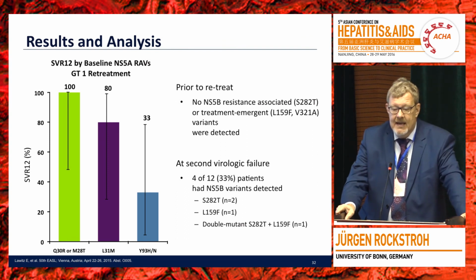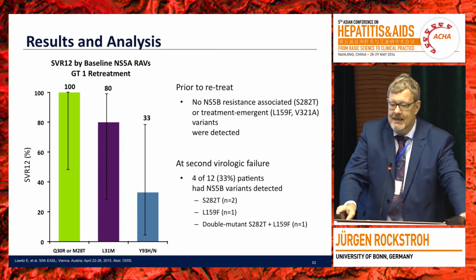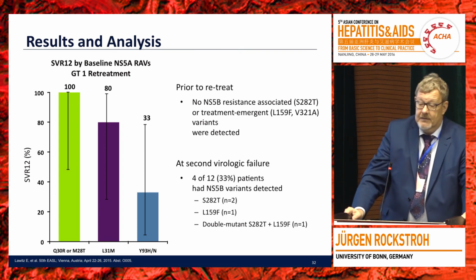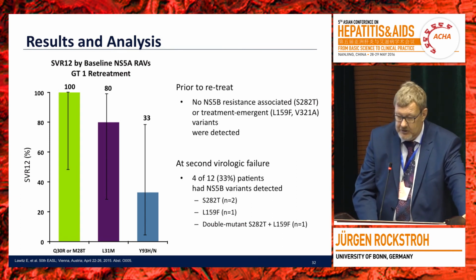And interestingly, they could show very nicely that depending on which mutation you had, you were more or less likely to achieve SVR. If you had the Y93H, then that was really your worst scenario, and only a third of patients responded. If you had the Q30R and the M28T, then actually everyone responded. Note, though, that a combination of RASs was also unfavorable in that particular setting. Note also that at second virological failure, some of the patients actually did develop sofosbuvir-related mutations.